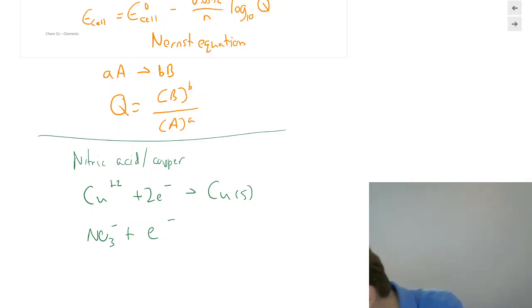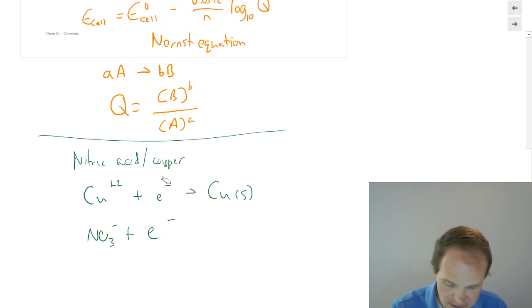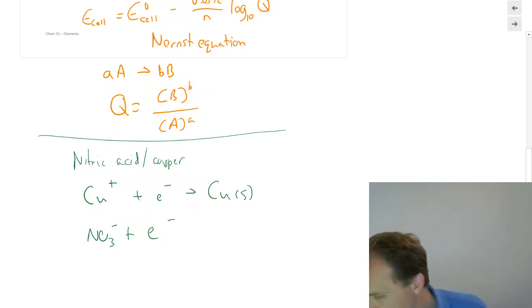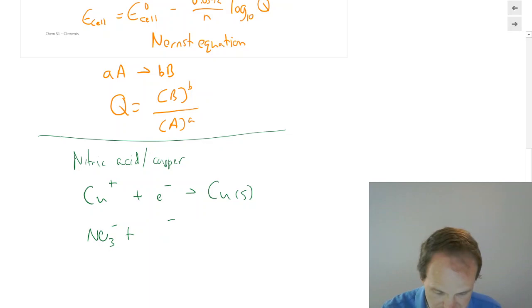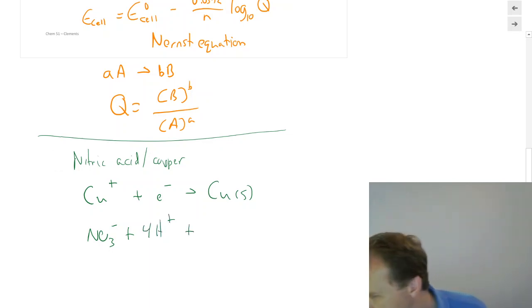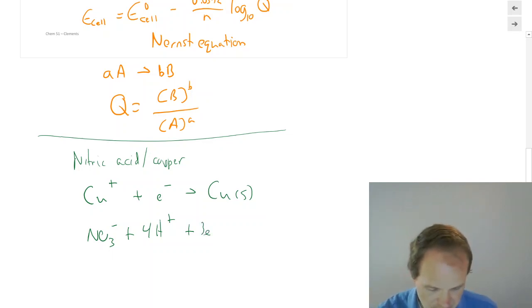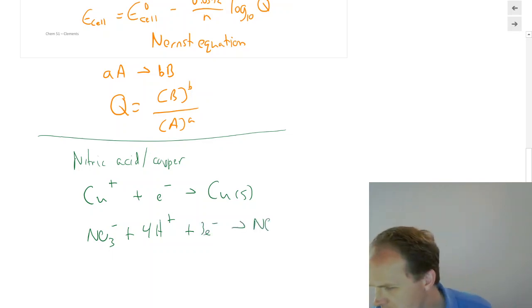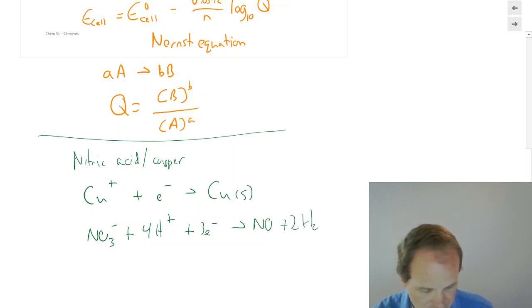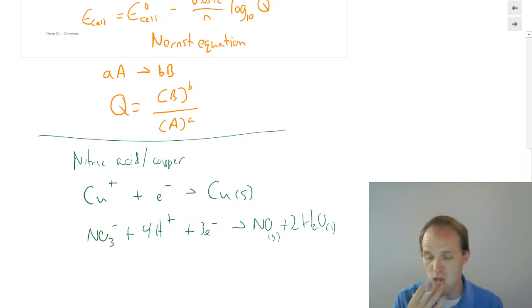Yes, because it was going to Cu plus. There we go, Cu plus. And then we've got our NO3 minus plus 4H plus plus 3e minus goes to NO plus 2H2O. There we go. There's our two half reactions.